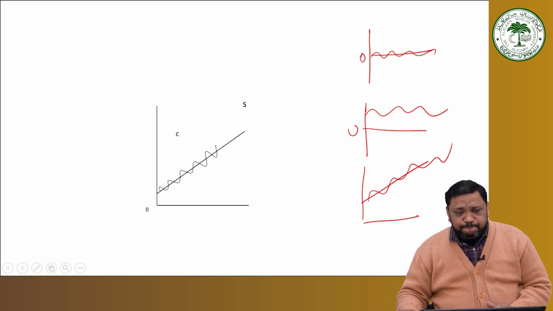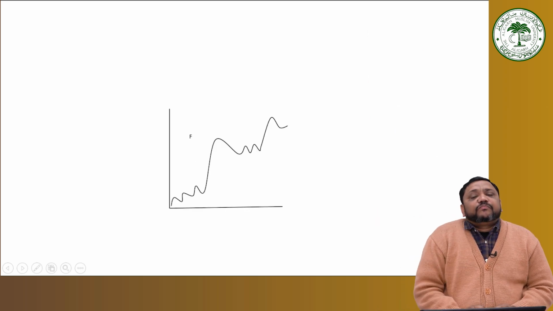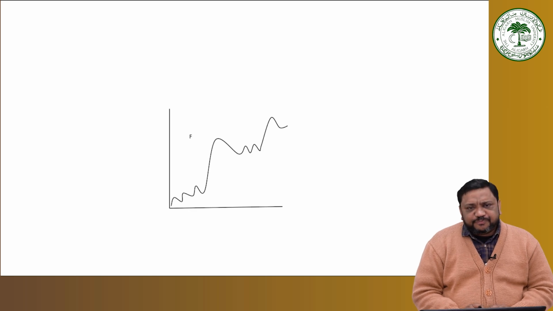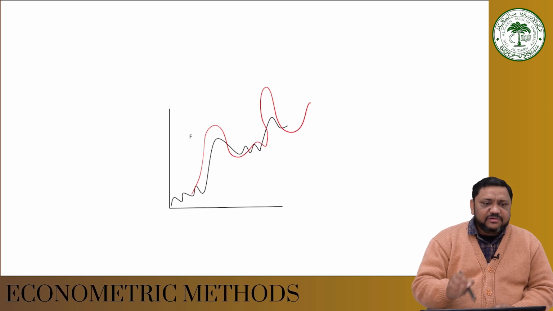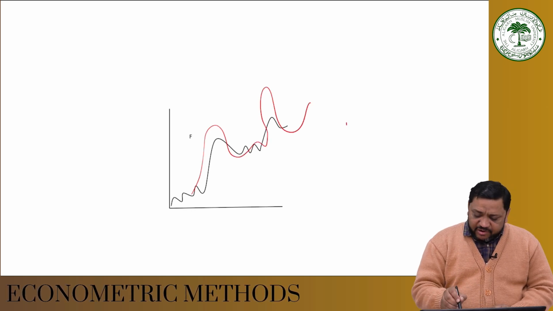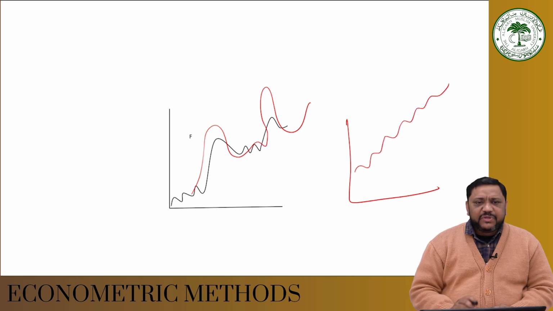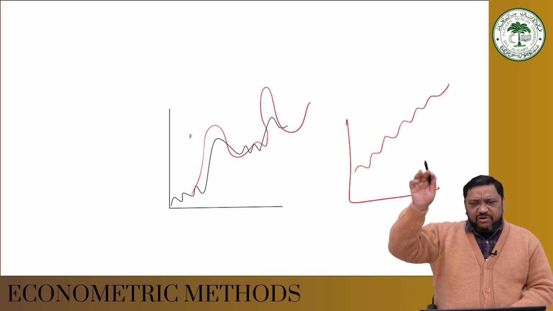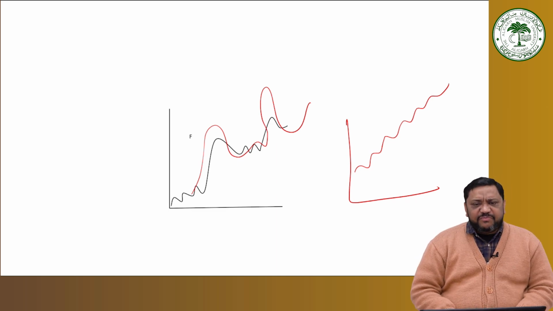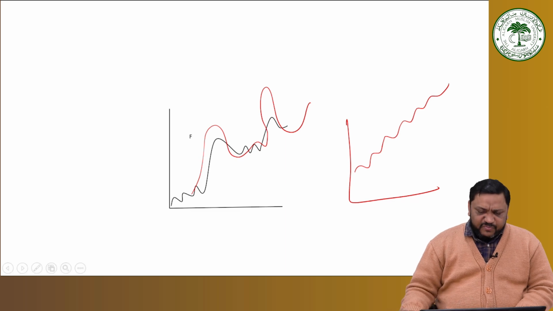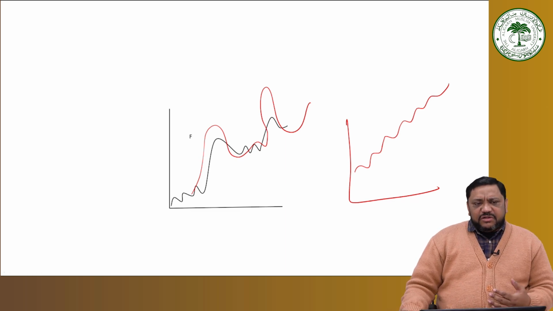But our data can be like this also. Now here something is different from the others, and that is the variability is more. The earlier one had the same variability around the increasing trend, but here the variability is different. At different points of time, the variance is different.